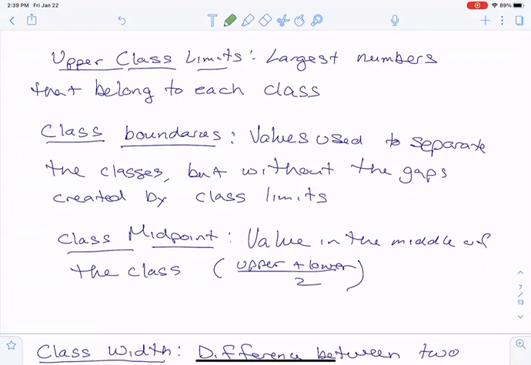And what we mean by that is oftentimes when we build this, and you'll see an example when we do build this, we'll get an upper class limit of, let's say, 39, and the next lower class limit is 40. If we were to build a relative frequency histogram, what number would we put on this number line to mark off our bar chart?